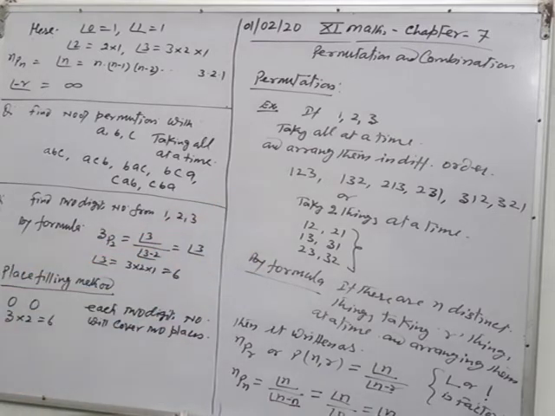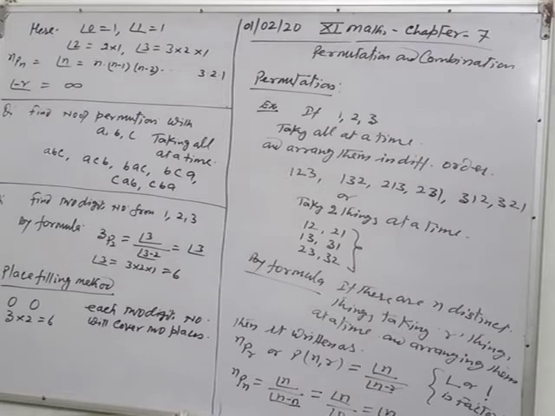So by formula, if there are n distinct things, taking some things, some means that is all things at a time, and when you arrange them in different order, the number of permutations or number of arrangements is symbolically written as nPr. r is the bottom suffix, n is the top suffix, P stands for permutation.